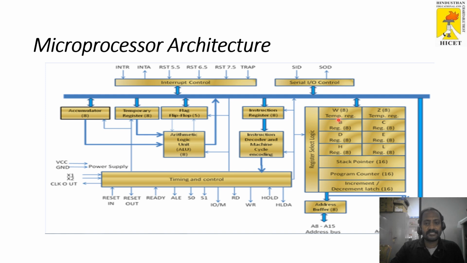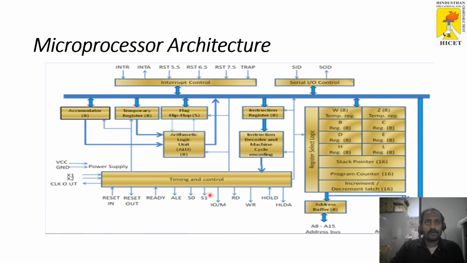And these are the registers: W, Z, B, C, D, E, H, L. Apart from that, we have a stack pointer, a program counter, and an increment decrement latch. Here we have an address buffer, and some of the timing and control registers are placed here.